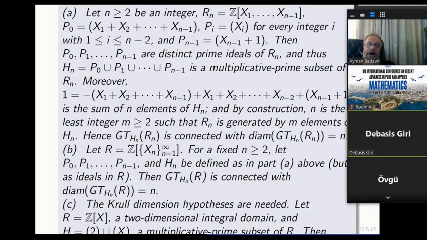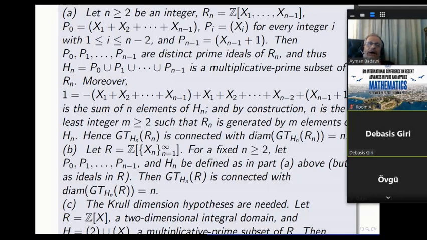In fact, in the construction I'm using a very familiar ring. For every integer n bigger or equal to 2, let Rn be the polynomial ring with n minus 1 variables over the integers.